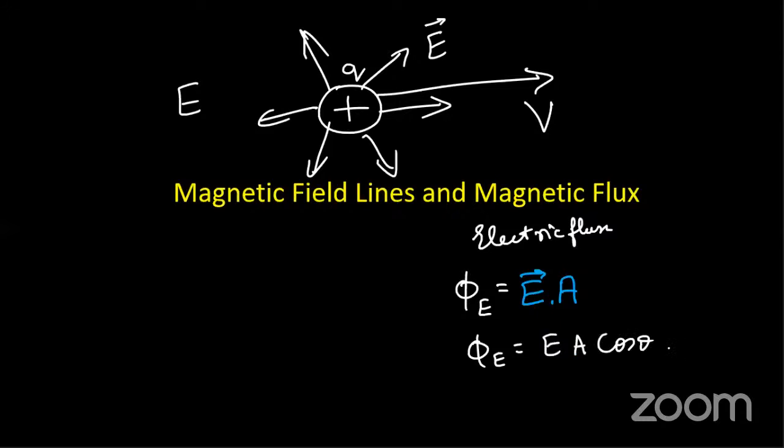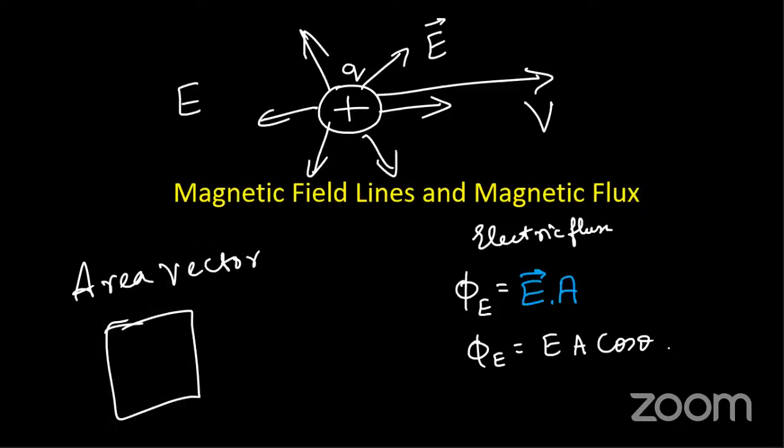So guys, I hope everyone remembers the area vector. Say if I have an area of cross section A, this area can be written as a vector with magnitude equal to the area of the surface. And the direction, guys? Come on, tell me.